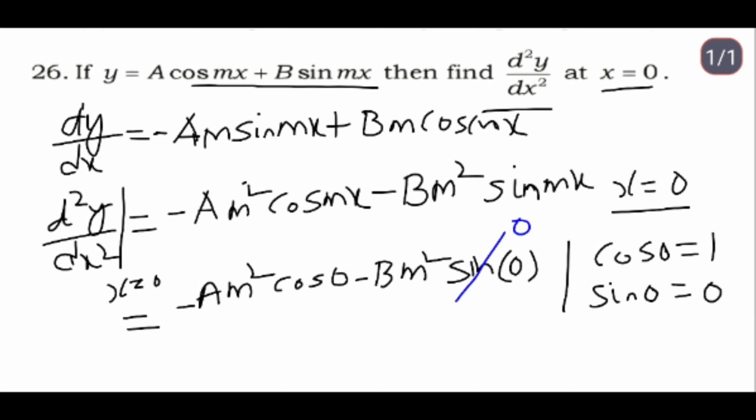So this term becomes 0 and this is 1. What you will get is -a m², which is the answer for the above question.